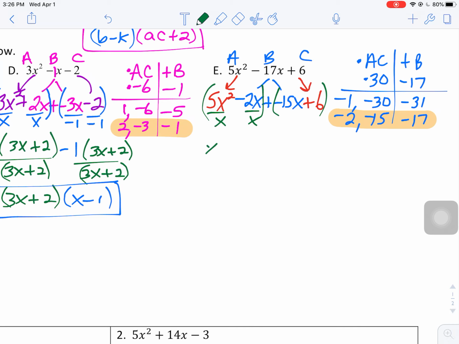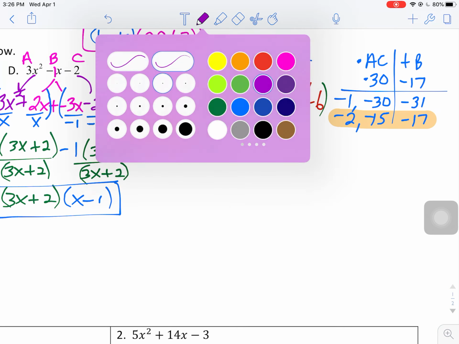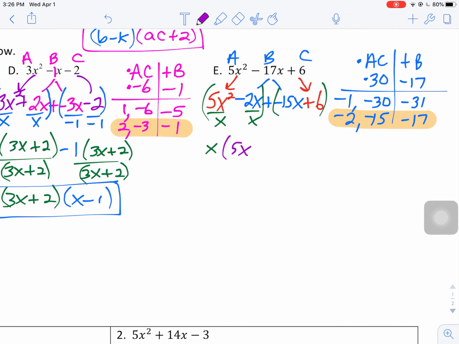I'm going to pull out a greatest common factor of x in the front. And then I'm going to pull out a greatest common factor of, let's see here, negative 3 in the back. And again, I want to pull out a negative version of the GCF because that way our leftovers in the back will actually match.